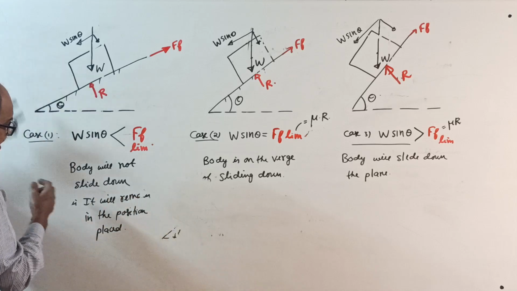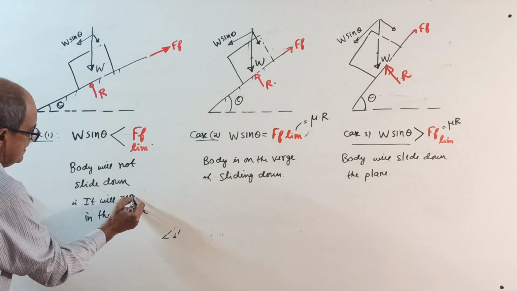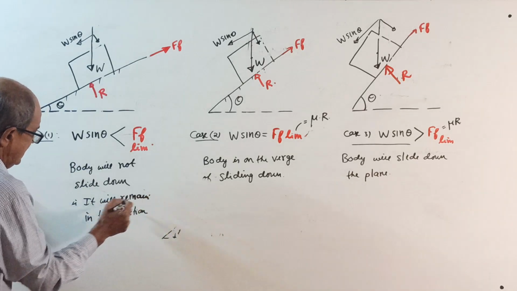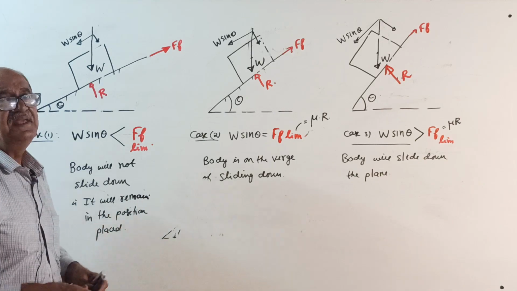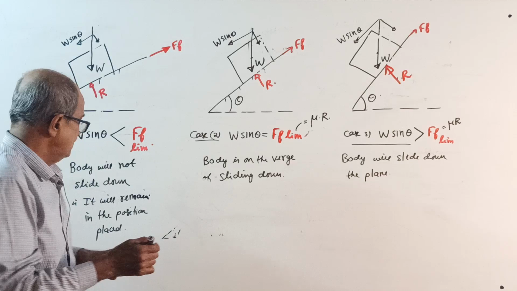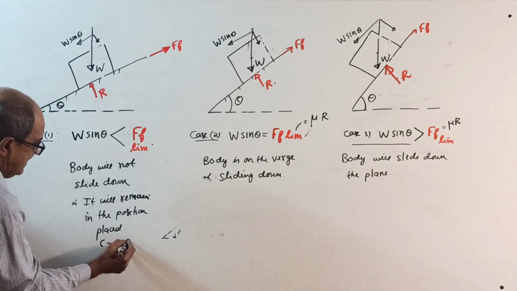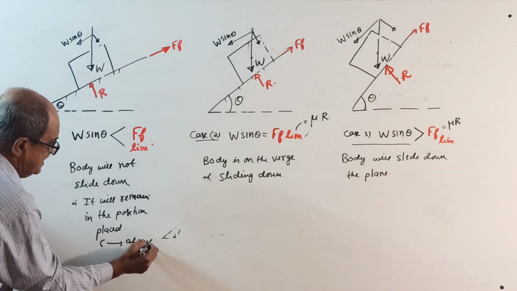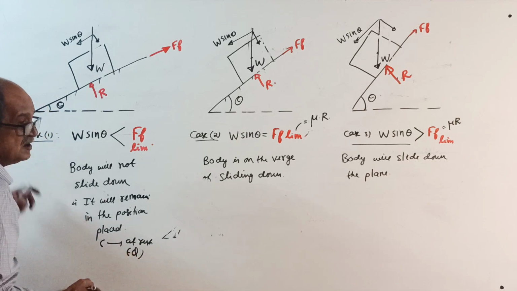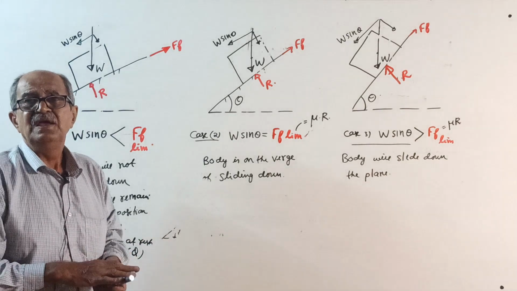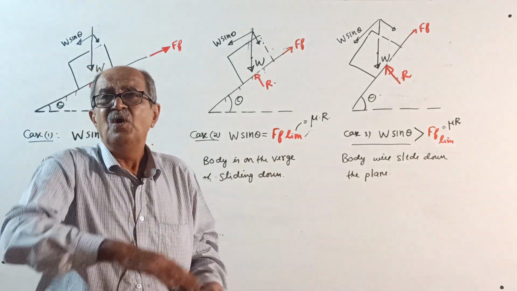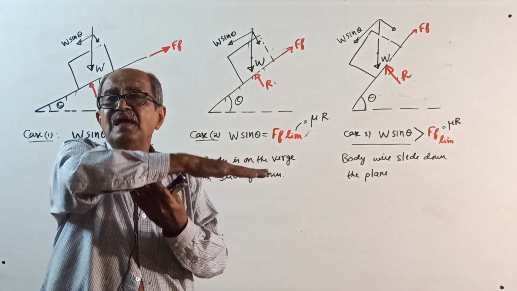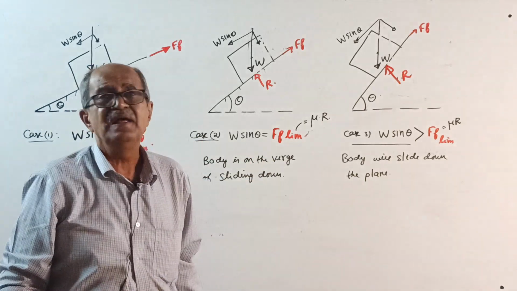It will remain in the position where it is placed, or it will be at rest, or in equilibrium. Nothing. It will stand. You apply the brakes on a little smaller angle and go.